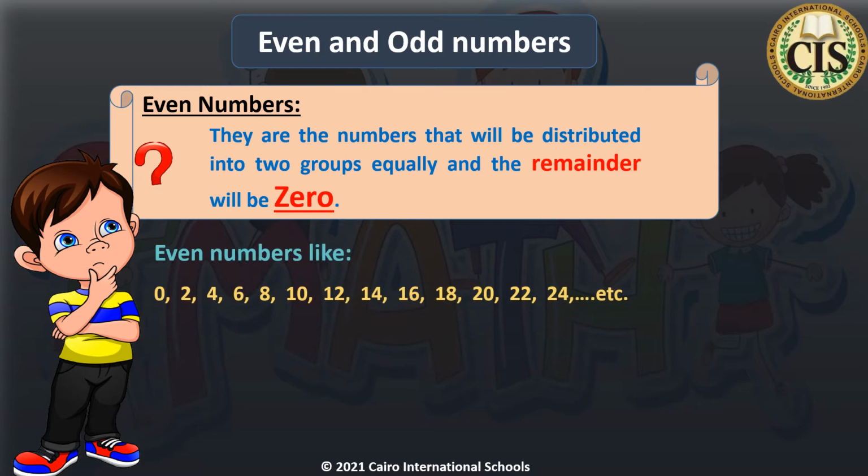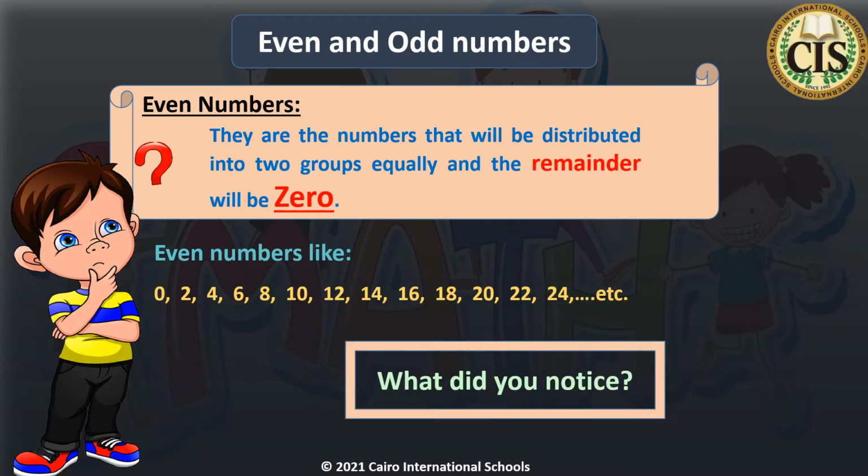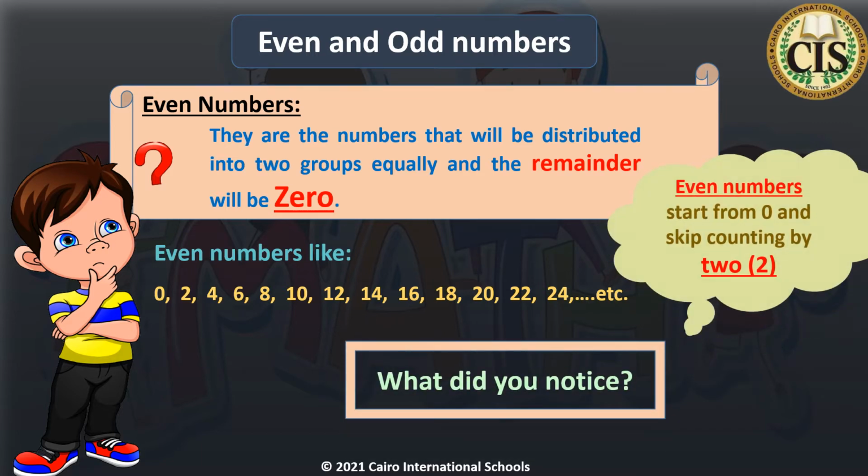So, even numbers like 0, 2, 4, 6, 8, 10, 12, 14, and so on. What did you notice here? We noticed that even numbers start from 0 and keep counting by 2.